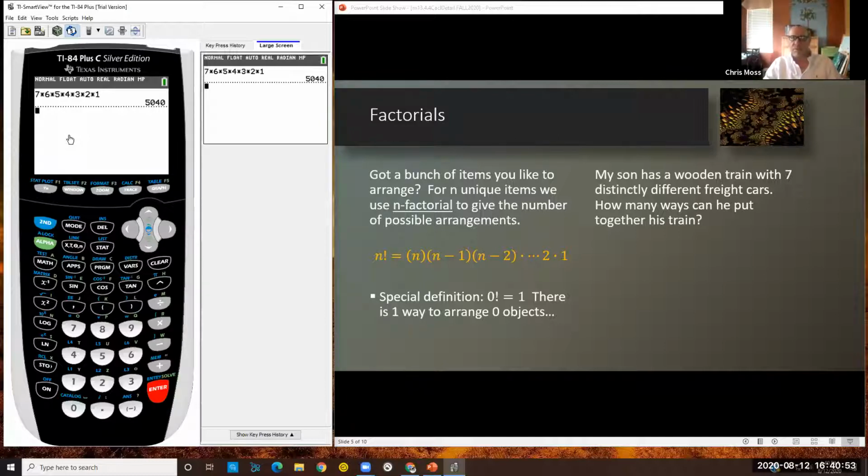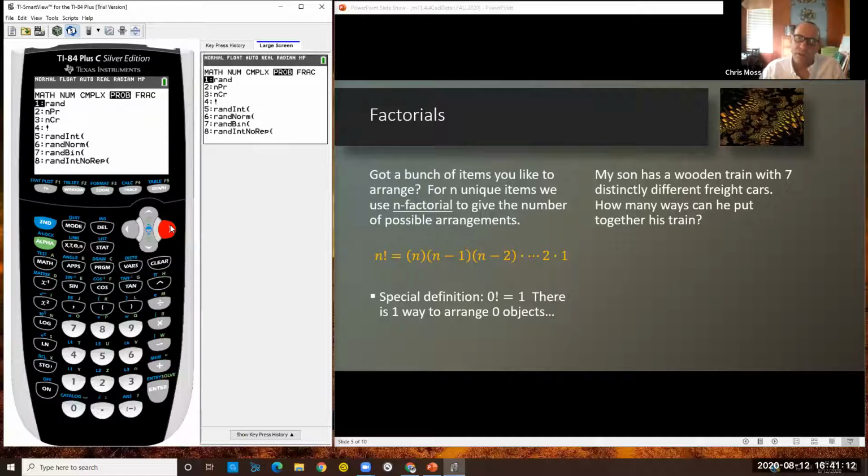Now, honestly, that's a little tedious. My calculator has the ability to work with that exclamation point directly. Notice, I'll type in the number 7. Then I've got a key over here that says math. I'll scroll over to the drop-down menu that is for probability. And then I'll take a look at number 4.